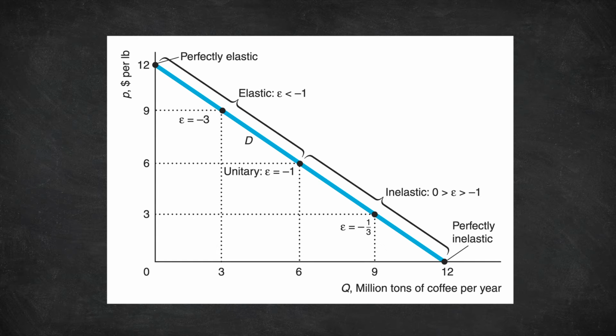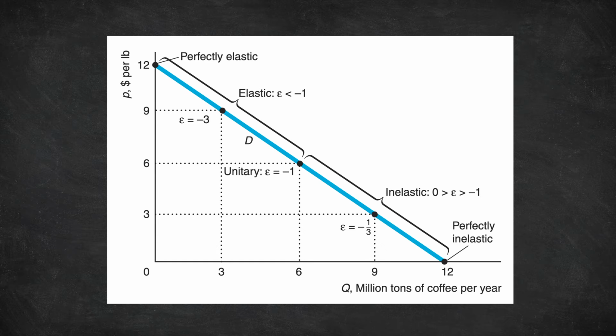And let's have a look at the diagram. So in this diagram, I can tell by looking at it, the demand function intercepts the axis at 12 on both axes. So this seems to be the case where A equals 12 and B equals 1. And in that case, you can actually calculate some numbers quite simply.